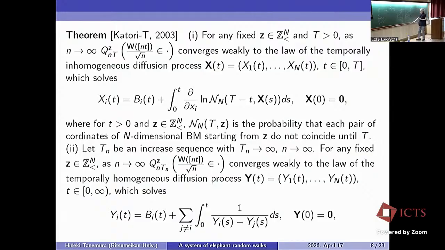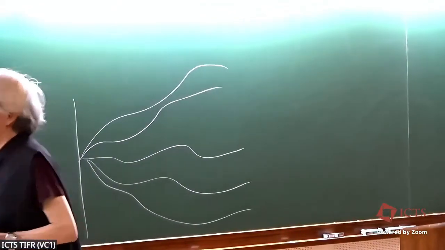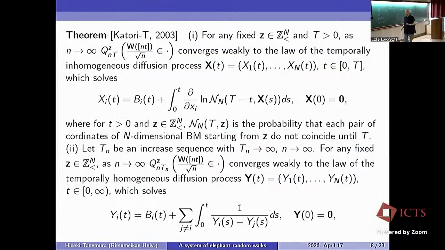Brownian motion. This distribution is absolutely continuous with respect to this, and the density is given by 1 over h, where h is the Vandermonde determinant at the endpoint. In the one-dimensional case, this is for the Brownian meander, and this is called the three-dimensional Bessel process.